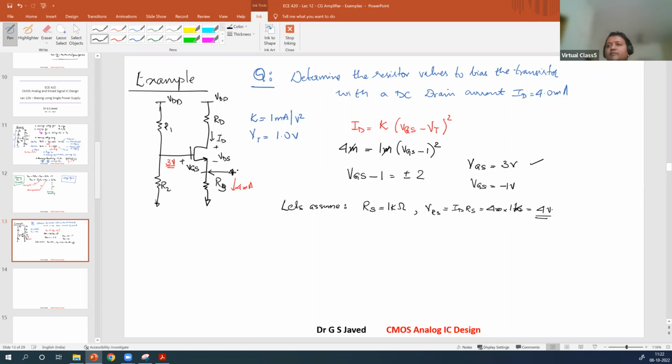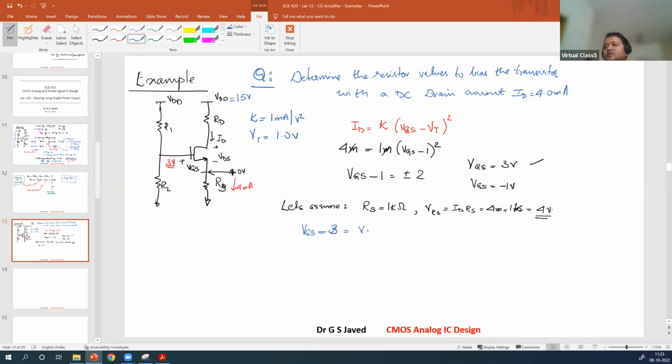So now you can get VGS. Let us assume VDD is equal to 15 volt. So VGS is equal to 3 volt, is what we got.